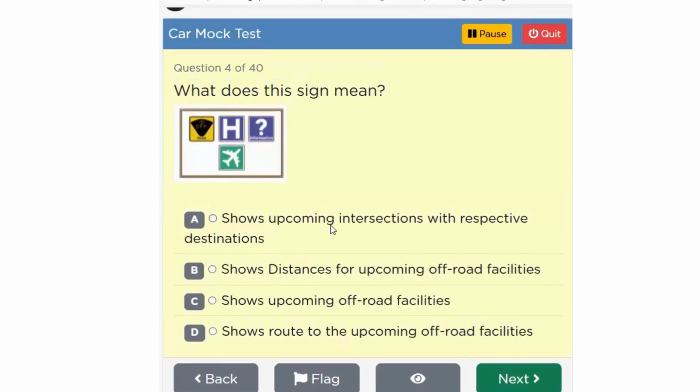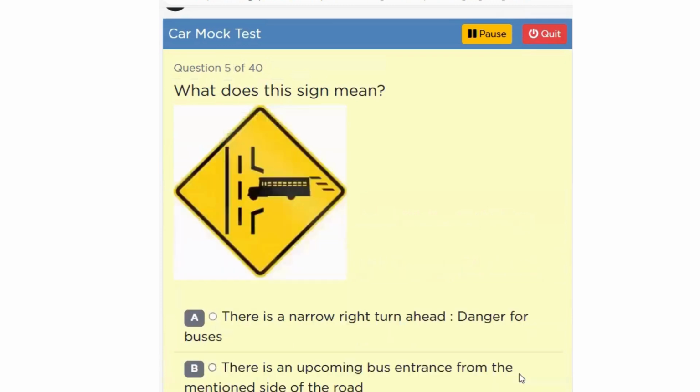Shows upcoming intersection with respective destinations, shows distance for upcoming. There's no mention of distance here. Facilities, yes, because this is hospital, airport, I don't know what it is, and something else too.